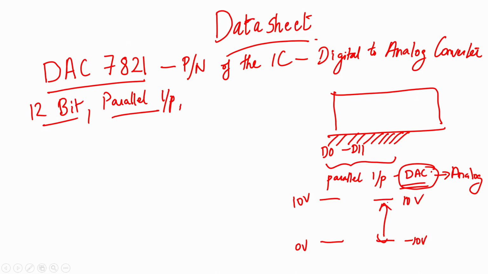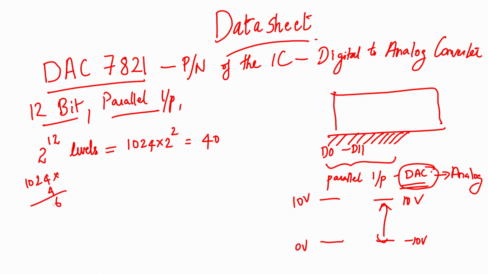Because this is a 12 bit DAC, that means there can be up to 2 raised to 12 levels, as we have learnt now. 2 raised to 10 is 1024. So, 1024 into 2 raised to 2, which is 1024 into 4, 4096.